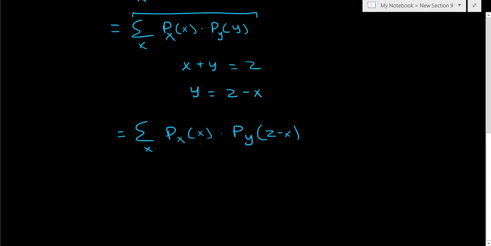Okay, so that is how you can transform this, because y is basically equal to z minus x. So now you will get the answer of this function, where this function will add up for all the values of x such that x plus y is equal to z, and you will get it in terms of z, obviously.